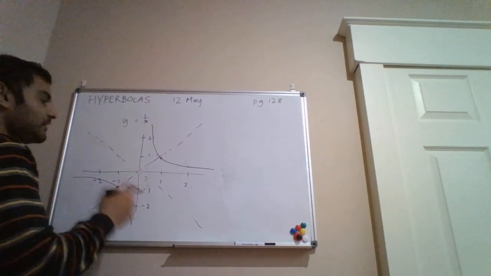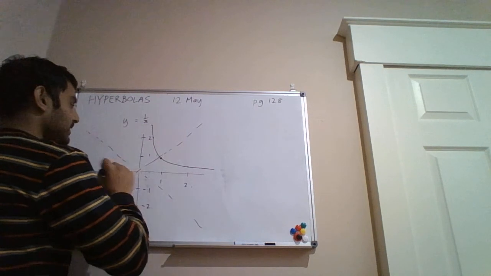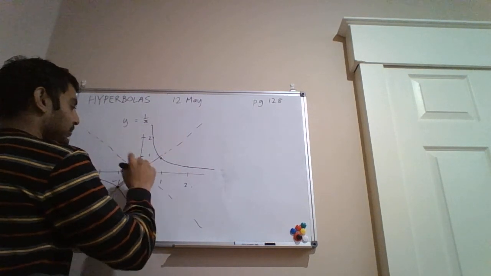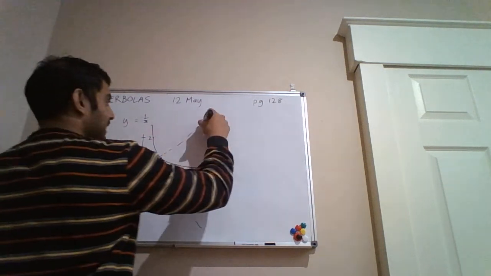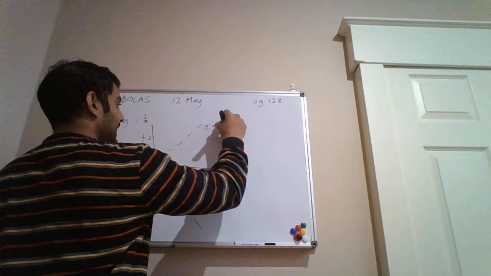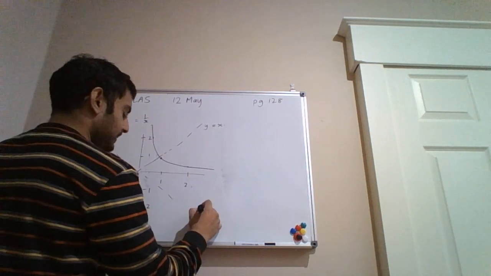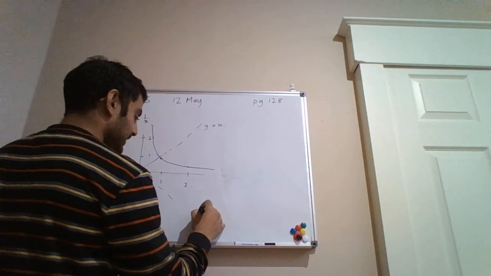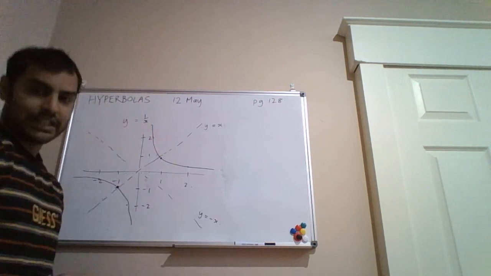If we're looking for the equations, this line here, because it passes through 1, 1, 0, 0, and minus 1, minus 1, would be the line y equals x. This line over here, by similar reasoning, has the equation y equals minus x.